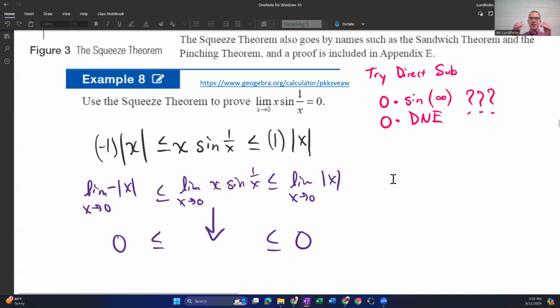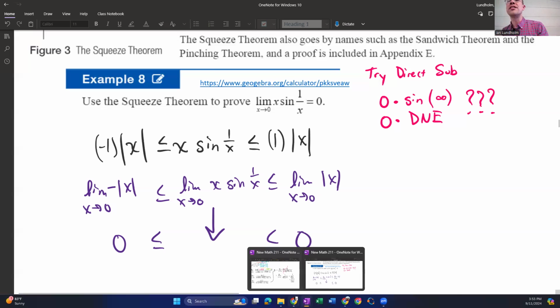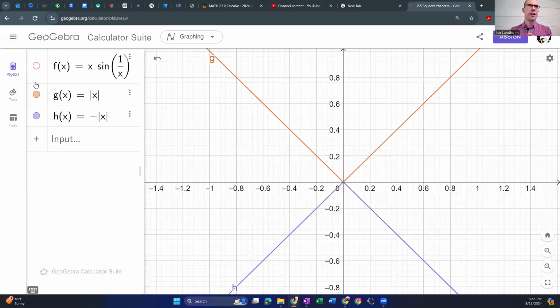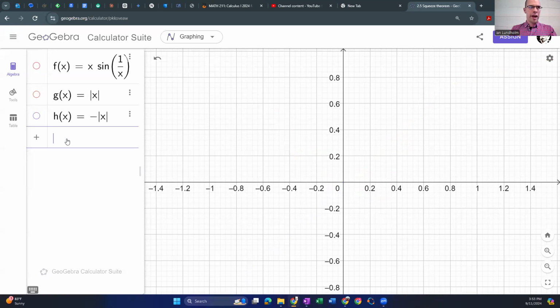But if we contain this thing, we know that sine of 1 over x is not going to get too crazy. I'm just going to look at that part for now. Sine of 1 over x.